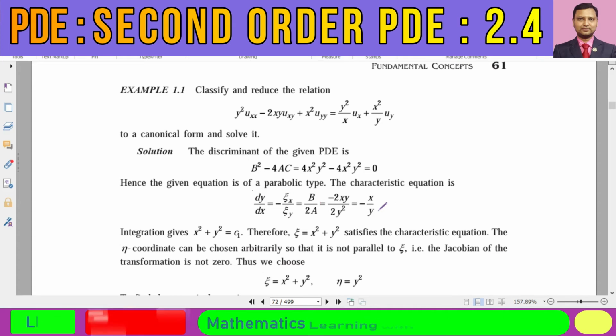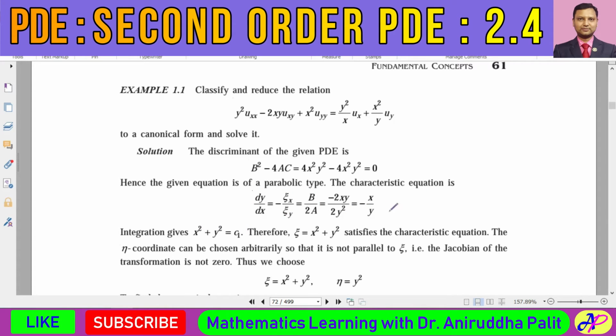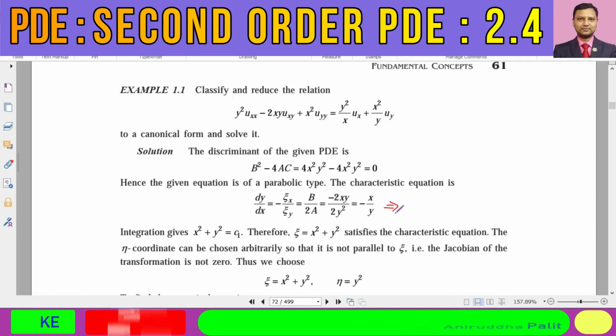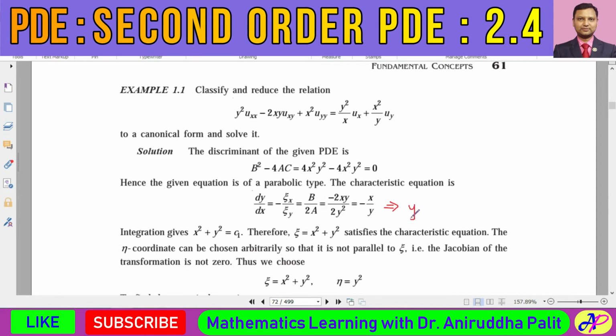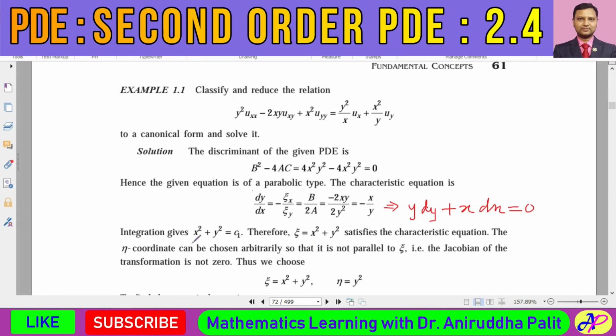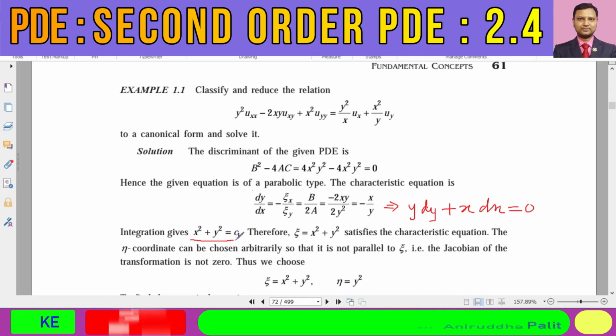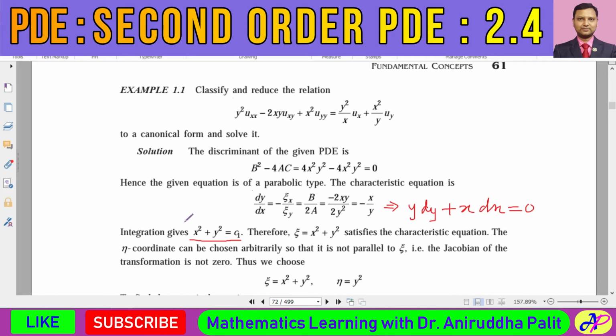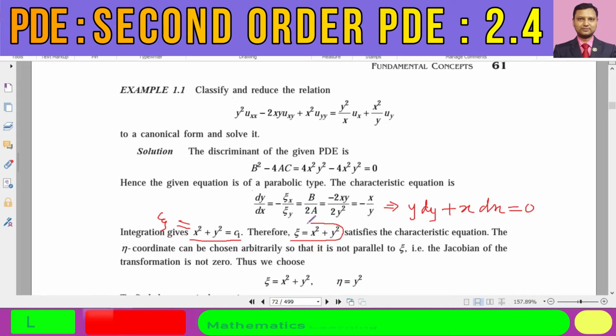If you integrate it, this can be written as y dy plus x dx equal to 0. Now if we integrate it, we get a relation like x square plus y square equal to c1. So this left hand side would be the function xi. That's why this xi has been taken as x square plus y square.